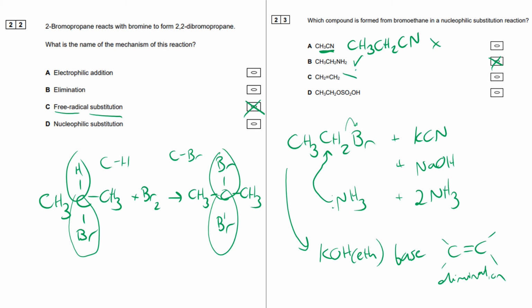So this will form from bromoethane, but it's by elimination, not nucleophilic substitution. And finally D, you've got ethyl hydrogen sulfate forming. That's formed between an alkene and sulfuric acid in an electrophilic addition reaction. So that one's also incorrect. B is the only product that will form by nucleophilic substitution out of the options given.